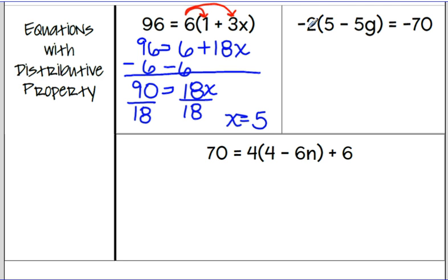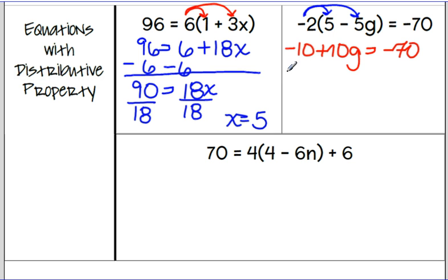Okay, let's look at another one. So if we have negative 2 and in parentheses 5 minus 5g equals negative 70. So same idea, we need to distribute what's outside of the parentheses to what's inside the parentheses. So negative 2 times 5 would be negative 10. Negative 2 times a negative 5g, so remembering that you have a negative times a negative, would give you a positive 10g equals negative 70.